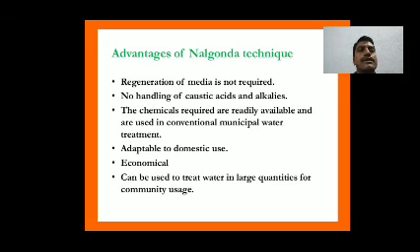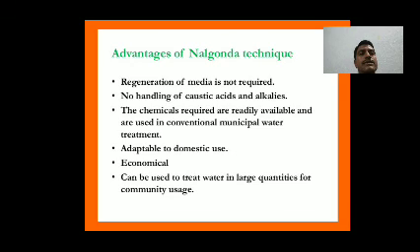Advantages of the Nalgonda technique. Regeneration of media is not required. No handling of caustic acid alkalines. The chemicals required are readily available and are used in conventional municipal water treatment.